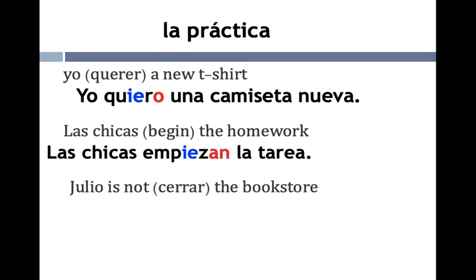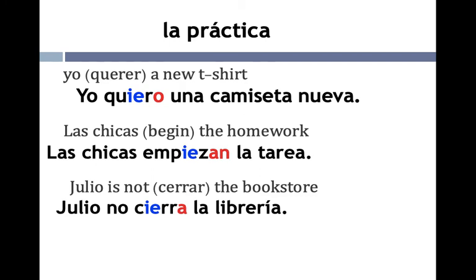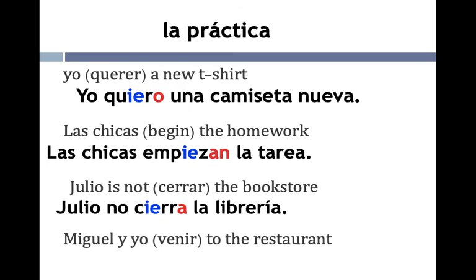¿Cómo se dice Julio is not closing the bookstore? Julio no cierra la librería. Did anybody say la biblioteca? Okay, remember, biblioteca is library, librería is bookstore. And finalmente, ¿cómo se dice Miguel and I are coming to the restaurant?